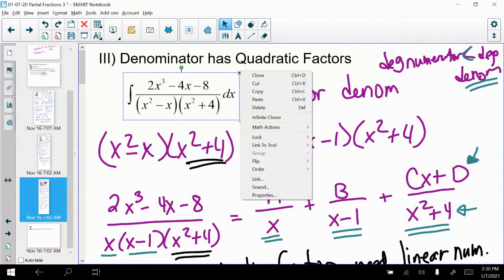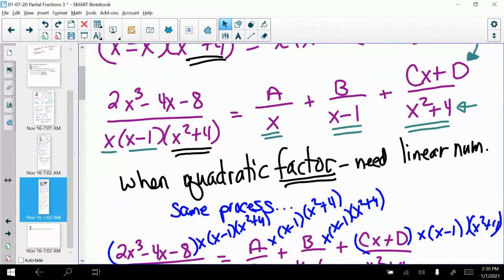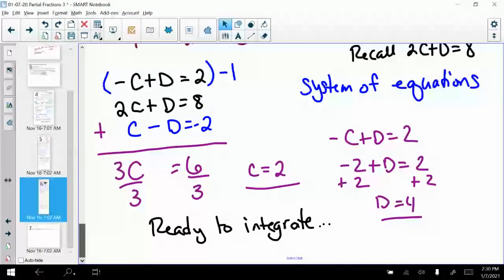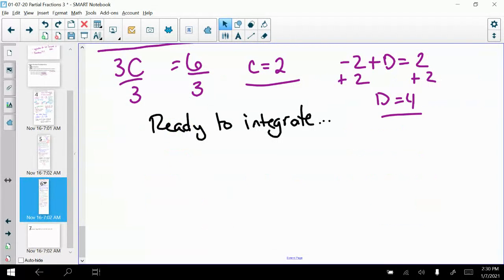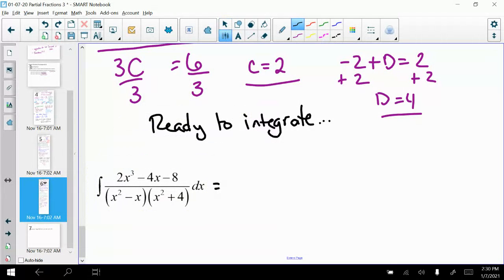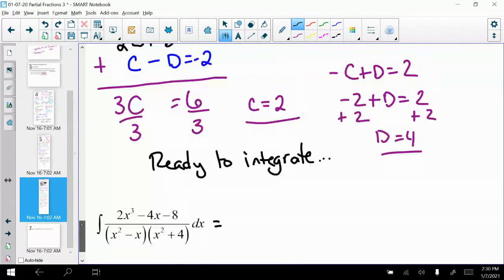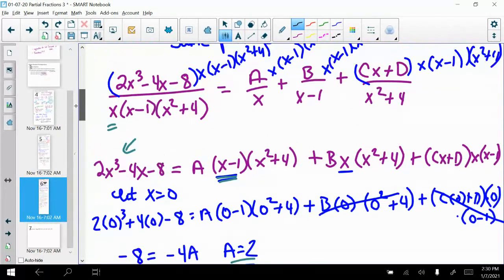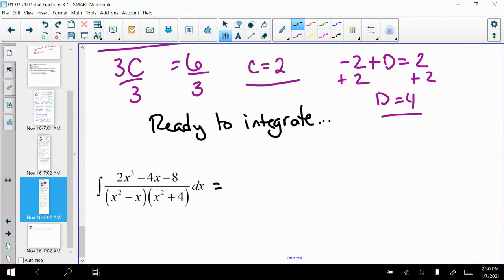I'm just going to copy and paste this to try to make my life easier. Let's see if it's easier or not. Let's go paste. There we go. Okay, so remember this was A, and A was 2, and A was over x.